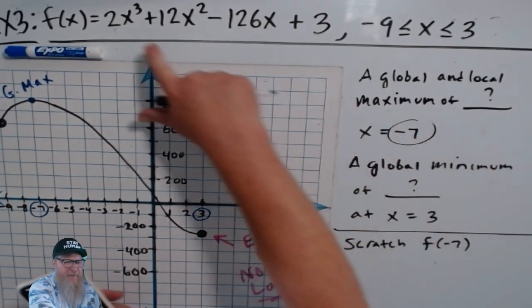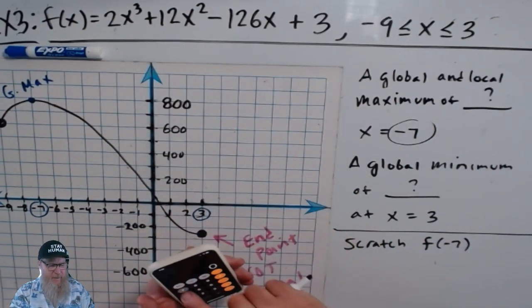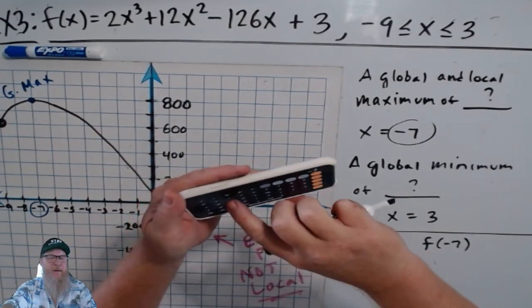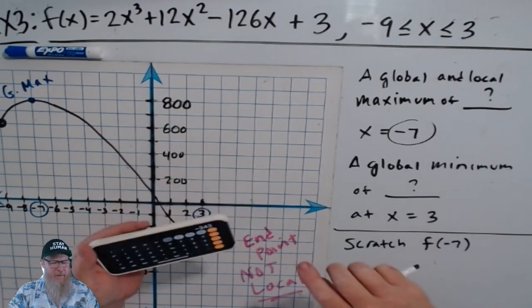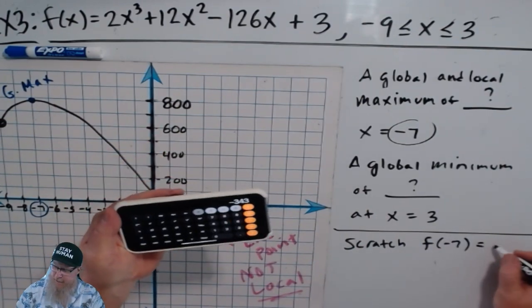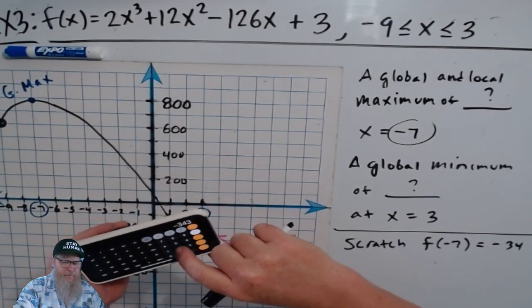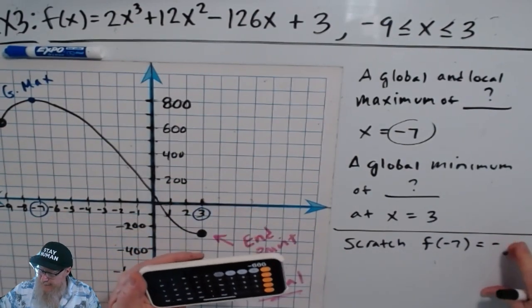So what do we got? -7 cubed. Oh, I got a cube button on your phone calculators. That's -343. Oh, times 2. So -686.